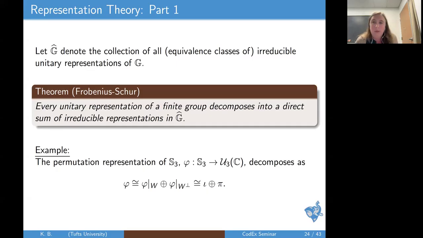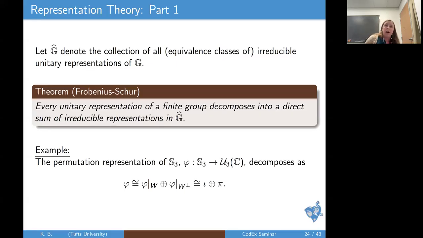There's a little bit that I'm sweeping under the rug here just for the sake of time. I had unitary in parentheses, now I have equivalence classes of. We can define representations that are not necessarily unitary. They'll map into the general linear group.